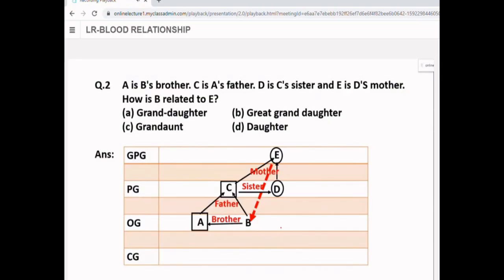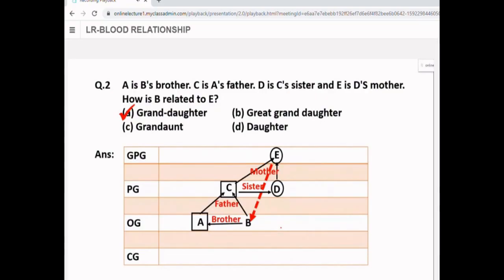B's father is C. C's mother is E. So E's son is C. C's child is B. Yes, correct. Answer is A.